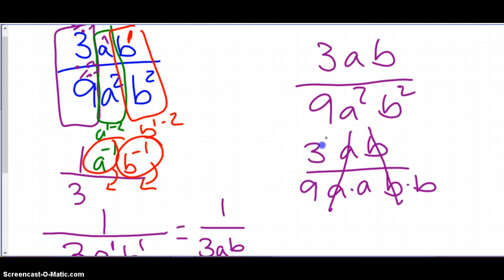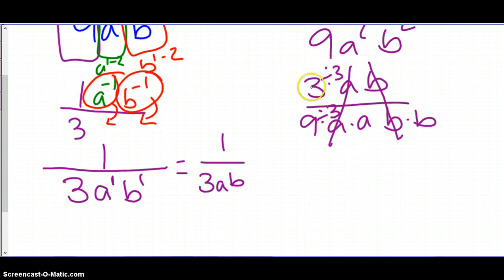We would still reduce our fraction by dividing each number by 3. So 3 divided by 3 still leaves us with the 1. 9 divided by 3 leaves us with a 3. Again, same answer. I was just showing you a second way that you could do it if those negative exponents are confusing for you.